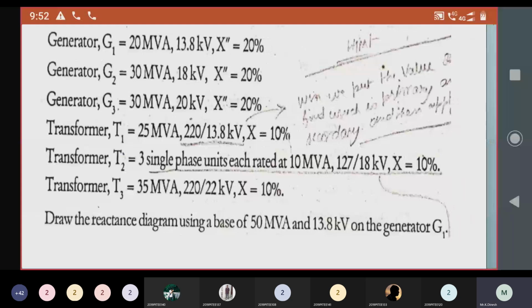Draw the reactance diagram using a base of 13.8 kV on the generator. In the previous problem, the generator value itself was the base. Here the base values are given. They have given the base values, and these are the values we have to take.